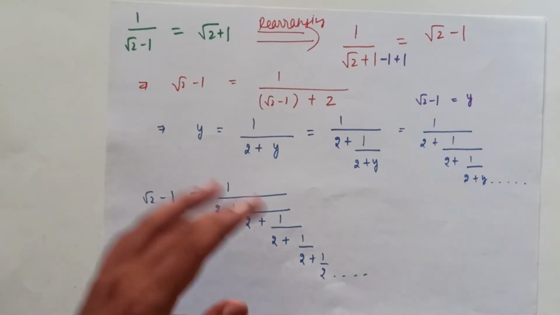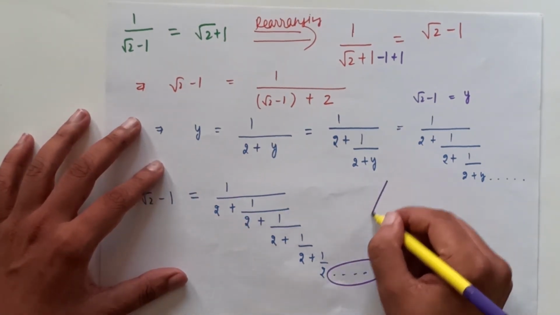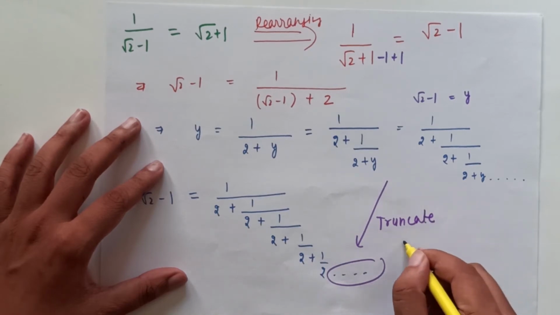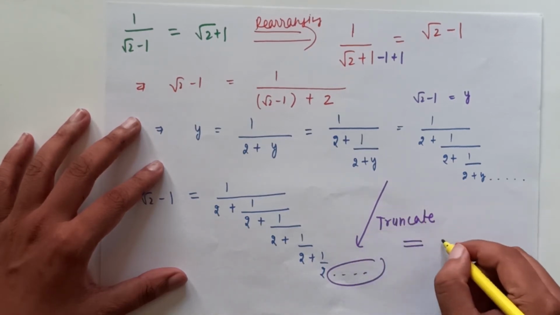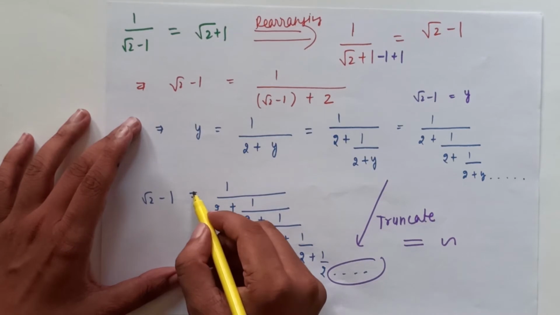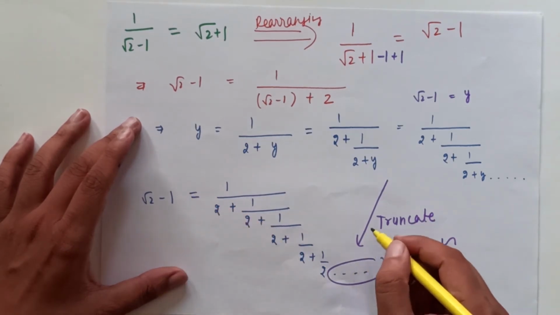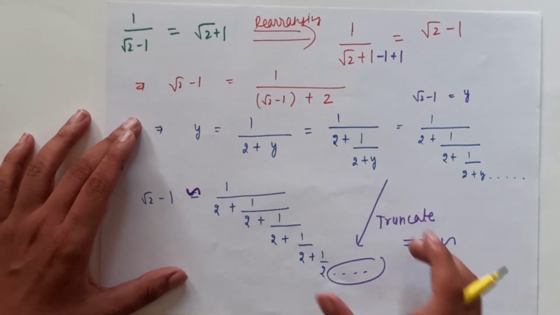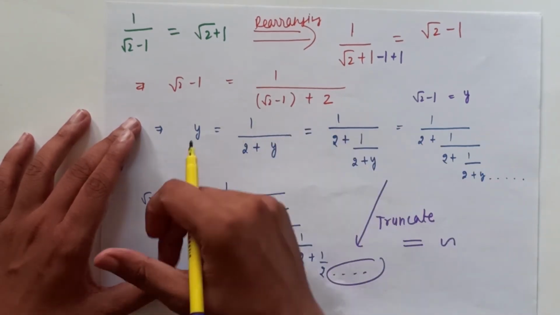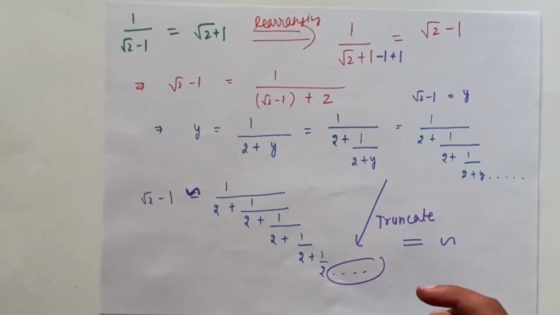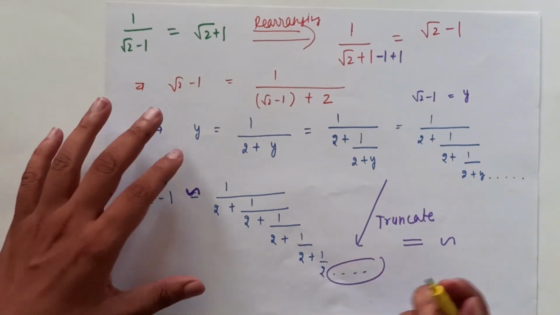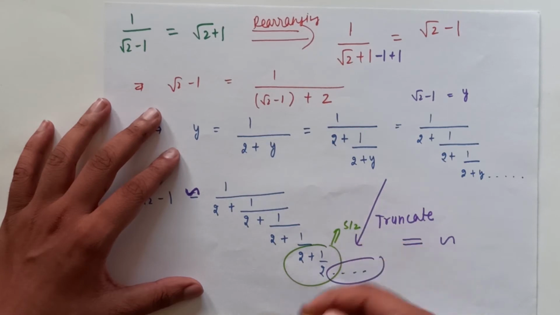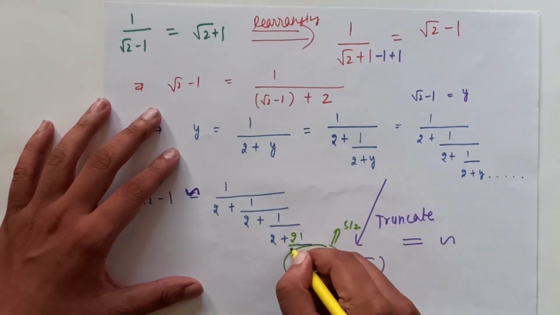Now if we truncate the above sequence here, the equal sign becomes approximate. Here it equals. Now if I truncate this here, that will become approximate. Now let me solve this expression with some quick mathematics. This will become 5 by 2 and this will become 2 by 5.